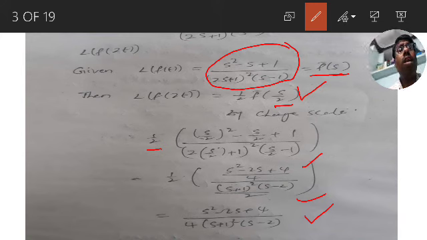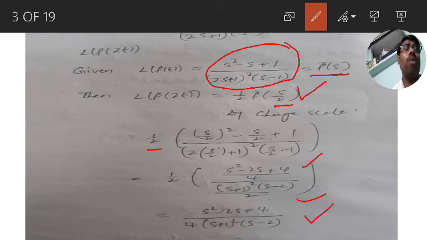Now you have to find L of f of 2t, that is 1 by 2 into f bar of s by 2. So at place of s you have to write s by 2. So replace s by s by 2 and simplify, take LCM and cancel the common factors in numerator and denominator, then simplify to get L of f of 2t.